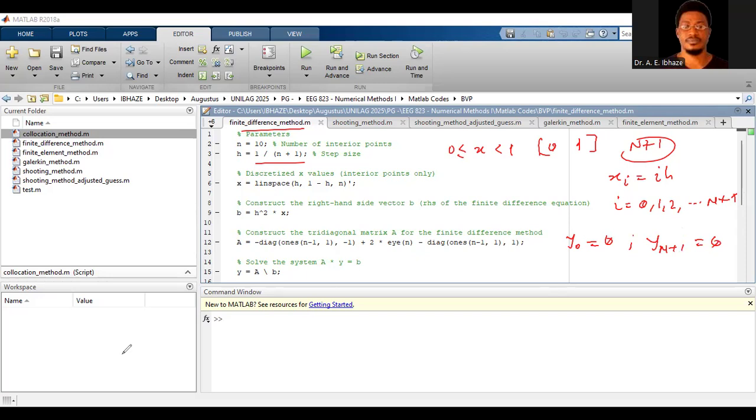And now that we have to use the finite difference method, we will have to discretize the second order differential equation using the central difference method.